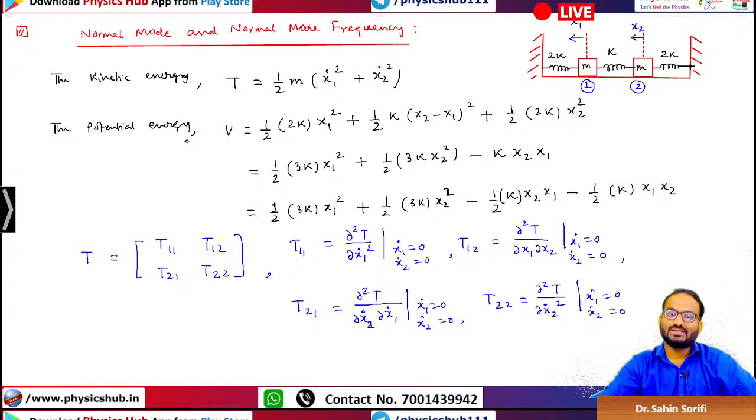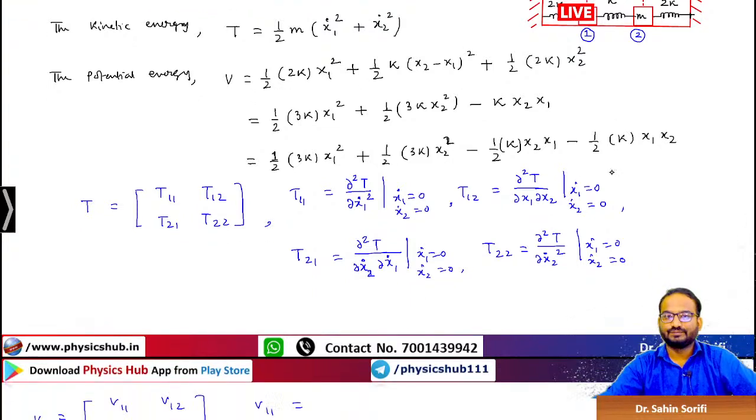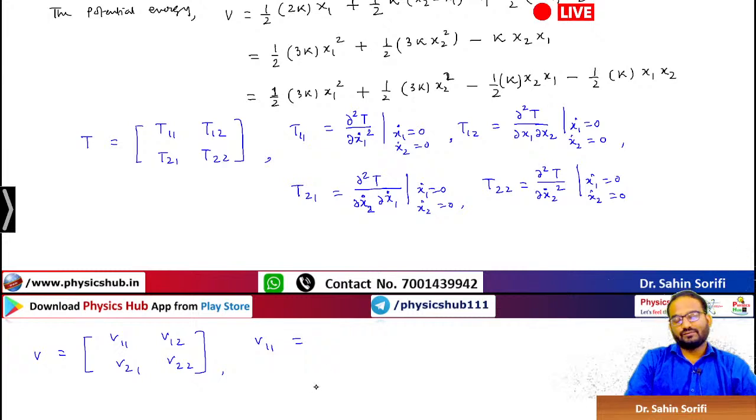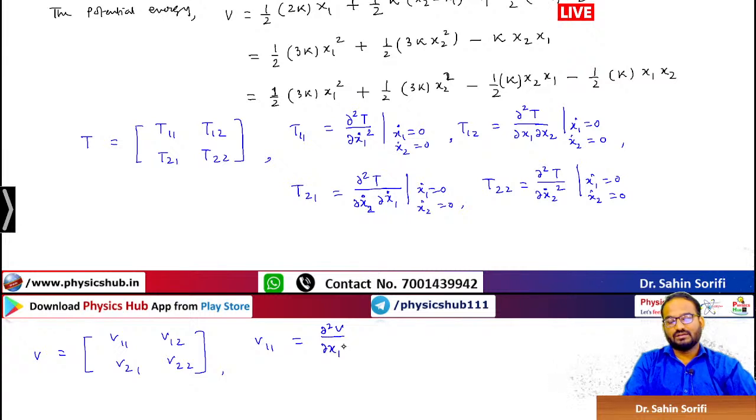But potential energy is a function of the position coordinates x1, x2. So in finding the components of the potential matrix, we have to take the derivative with respect to position coordinates. So del square V, del x1, so del x1 square. Here instead of putting x1 dot and x2 dot, we have to put x1 equals 0, x2 equals 0. Here only coordinates are involved.